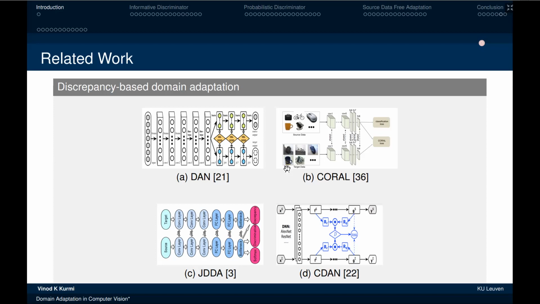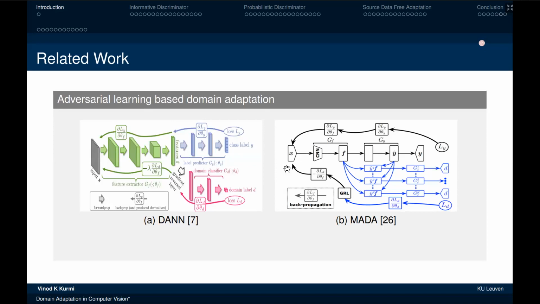Coming to the adversarial learning setup, which is what we are mostly talking about in this talk. The basic paper came out around 2015. Here they actually use a discriminator setup. This is the feature extractor, the green part, the blue part is the traditional classifier, and the red part is the domain classifier, or I could call it the discriminator. So what happens is, when we pass source images here, they go to the classifier, and the classifier weights will be updated on the source classification loss.